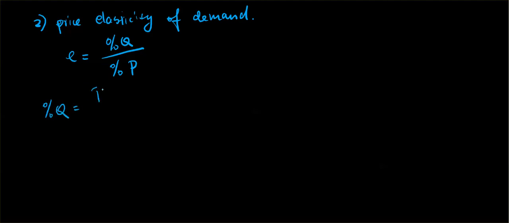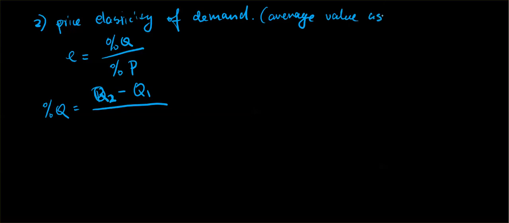The percentage change of the quantity equals the final quantity, Q2, minus the initial quantity, Q1, divided by, as I mentioned, the average value as the denominator for percentage change.